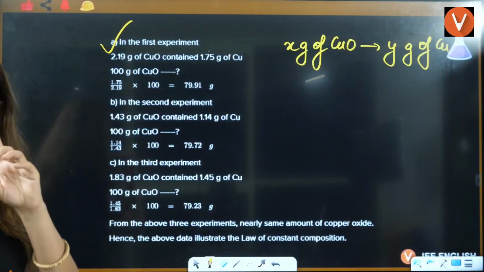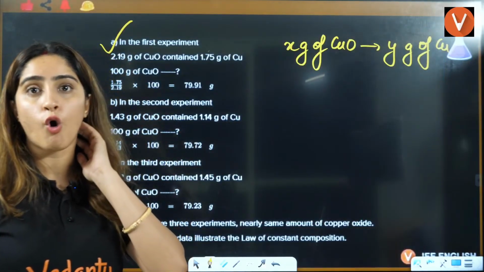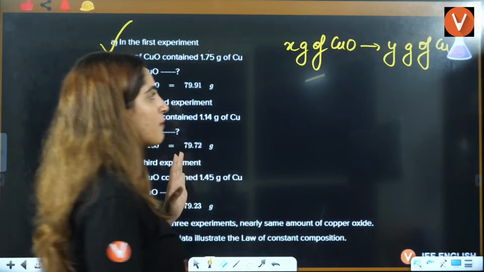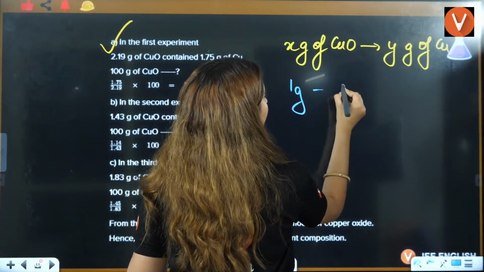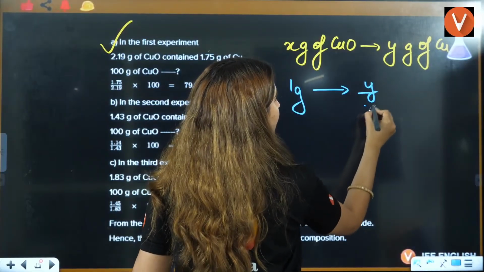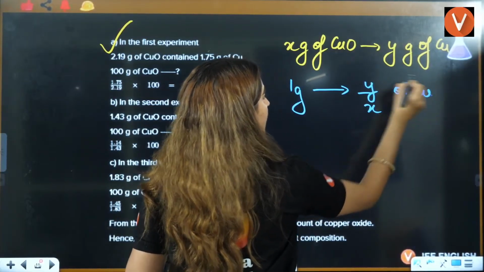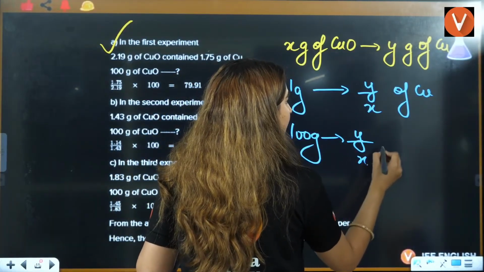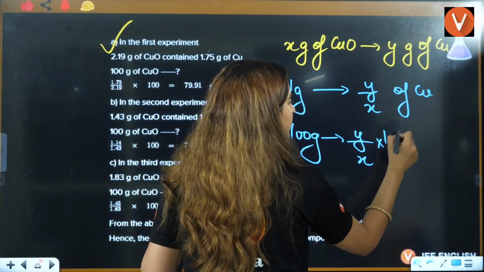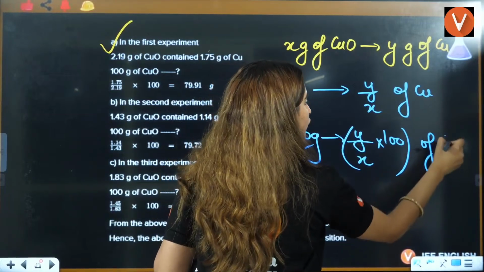So I need to fix one thing. I am fixing the copper oxide. So 1 gram of copper oxide will give you y by x of copper, and 100 gram will give you y by x multiplied by 100. This much amount of copper.